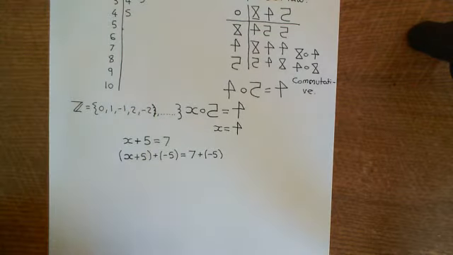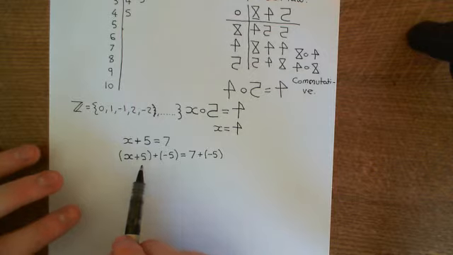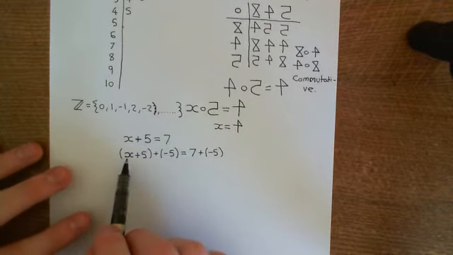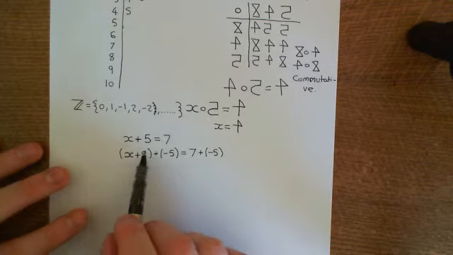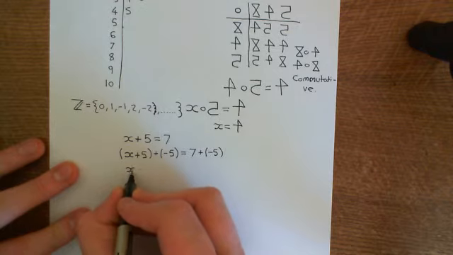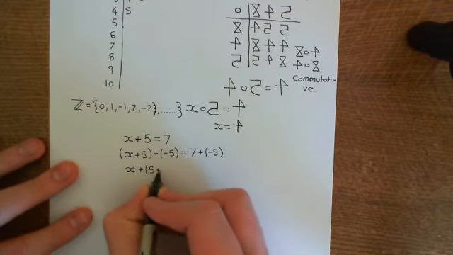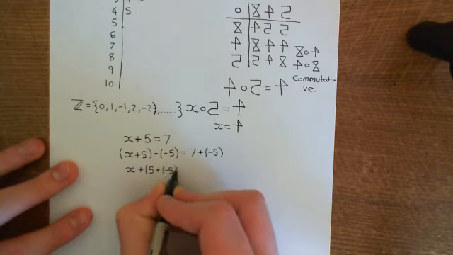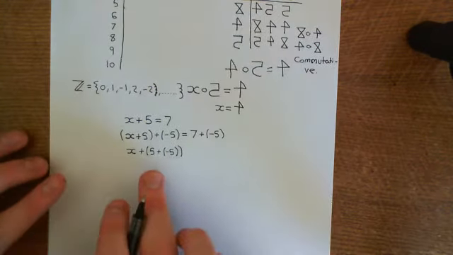Okay, now what you can do is apply a law known as the associative law. You can say that x plus this symbol 5, and then that plus -5 is actually the same as x plus 5 plus -5. And that's not trivial, okay? Understand that that is not trivial.